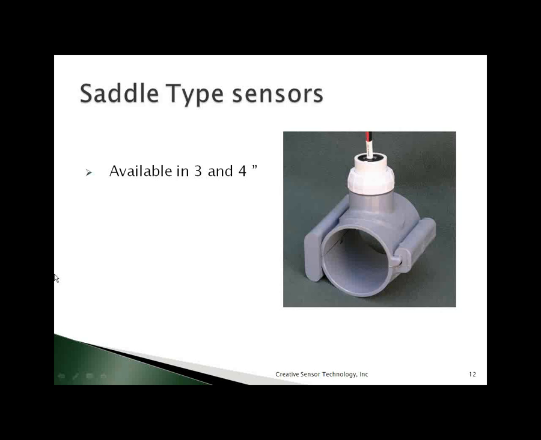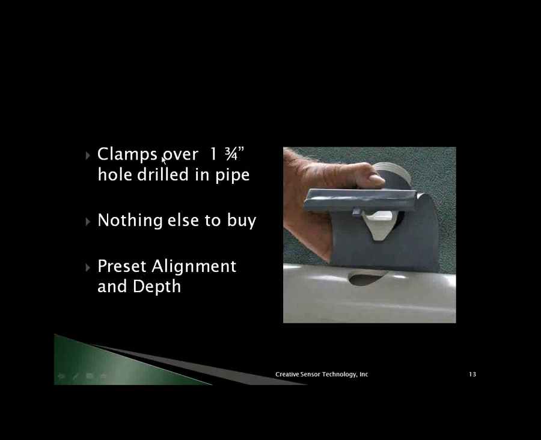So this device actually clamps on over the pipe. It's kind of a clamshell arrangement in two pieces. It's held together with a wedge, and you pre-drill a 1.25-inch hole into the pipe, and the end of the insert housing actually goes down through the hole, and it's sealed by an O-ring on the outside of that housing. The nice thing about this product is that it's separate from some of the other insert sensors.